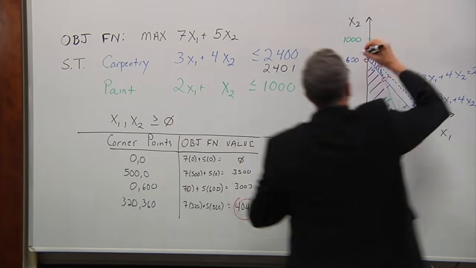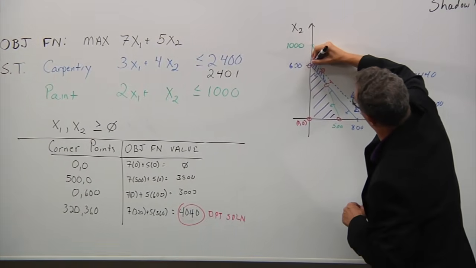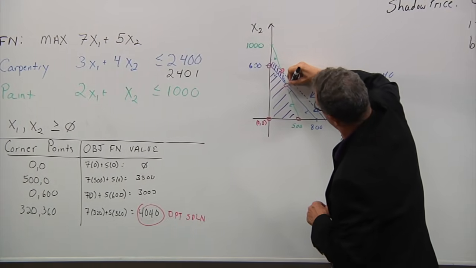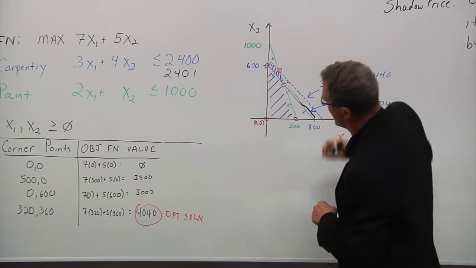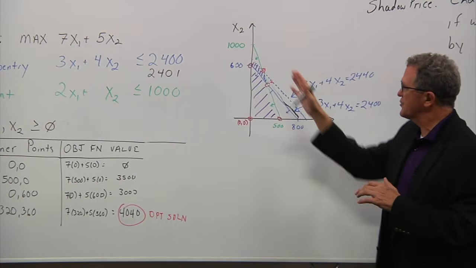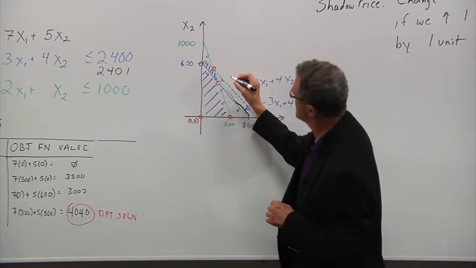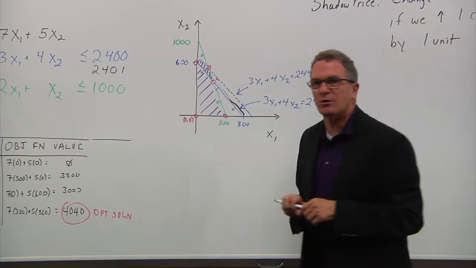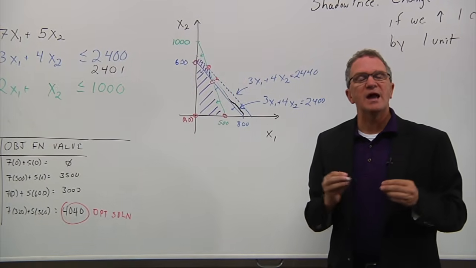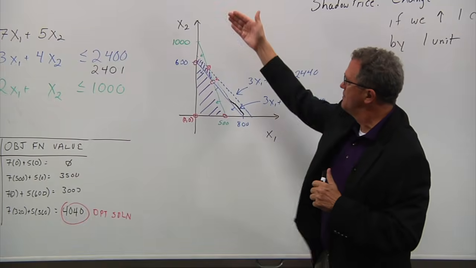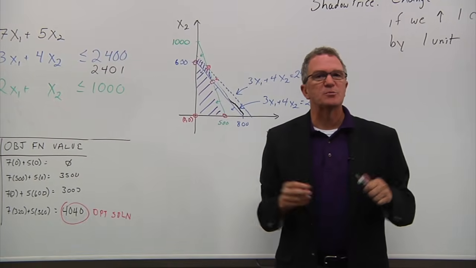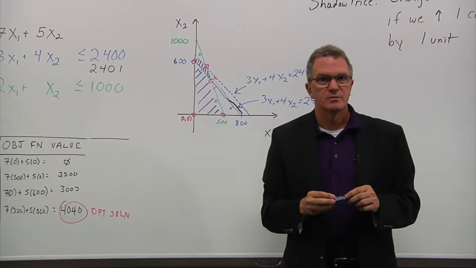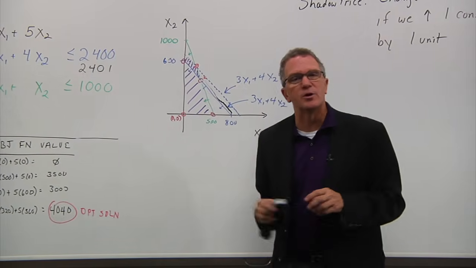Well, even there, that just pushes this boundary out a little ways. Granted, it would be probably too hard to see on this scale, but it would still change that optimal solution somewhere in there. So what we have to do then is we have to figure out where that optimal solution is. All right, let's find out where the new corner point is.